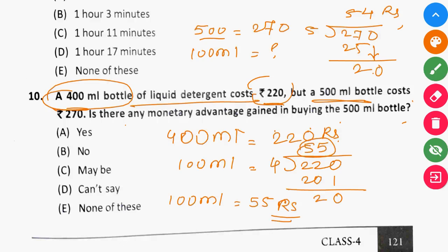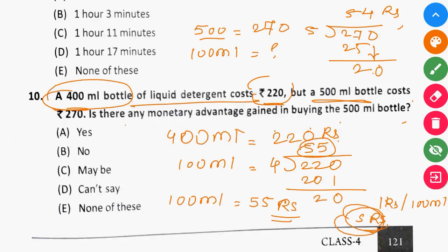So if we buy the 500 ml bottle, per 100 ml the cost is only 54 rupees. So for 500 ml we'll save 1 rupee for each 100 ml. That is, for 500 ml we save 5 rupees.